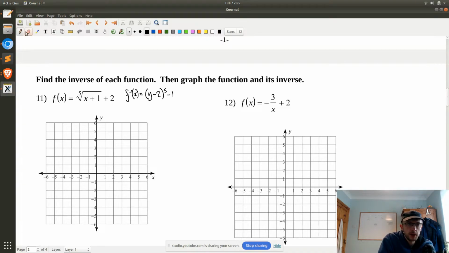I should kind of be able to do that now without the y. Just there like that. Now the function itself is x to the 5, and then it's translated to the right by 2 and down by 1.